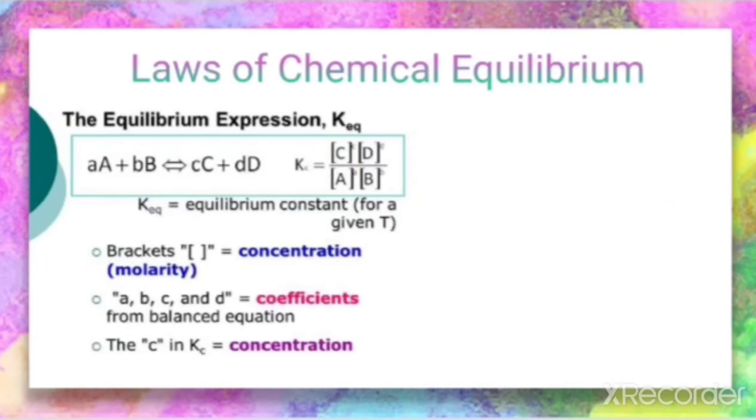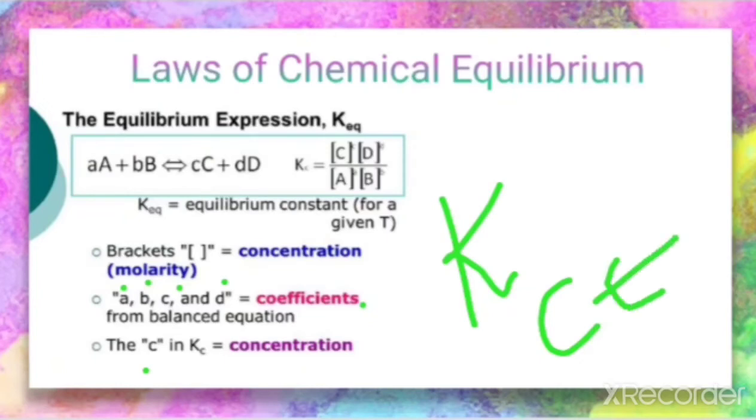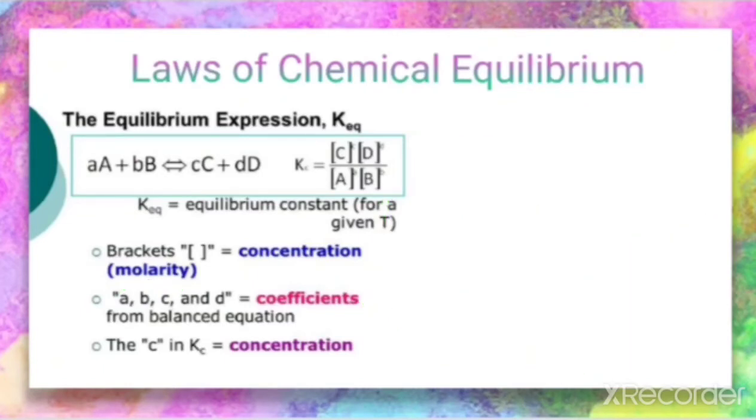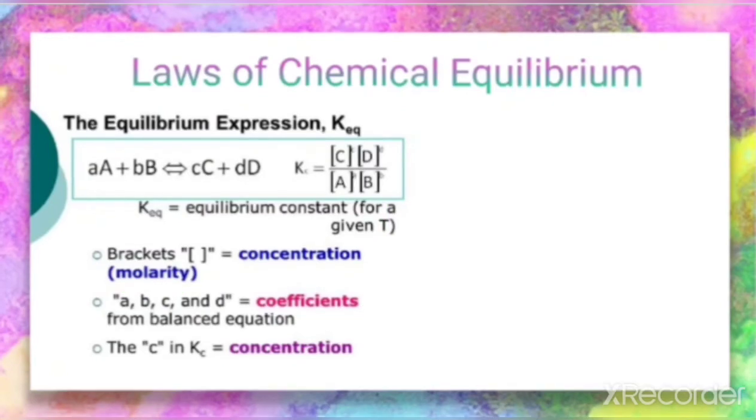And here small a, small b, small c and small d are the coefficients from the balanced equation, that is the stoichiometric coefficients. And why is it represented as Kc? That is the equilibrium constant in terms of concentration. K is a constant in terms of concentration, that's why it is written as Kc.